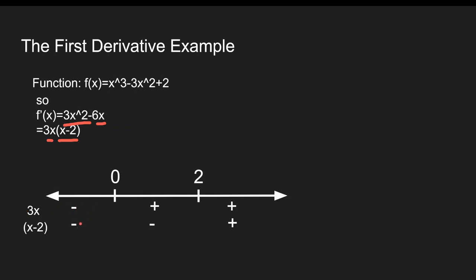We plug -1 into the other factor, and it stays a negative, and a negative times a negative is a positive. Then we do that again for between 0 and 2, so we plug in 1, so that would be positive. This would be negative, and a negative times a positive is a negative.